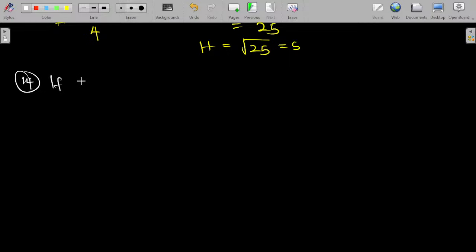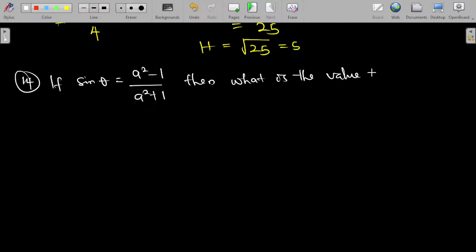It says if sine theta is equal to a squared minus 1 all over a squared plus 1, then what is the value of sec theta plus tan theta? So what is sec theta? Sec is 1 over cos.